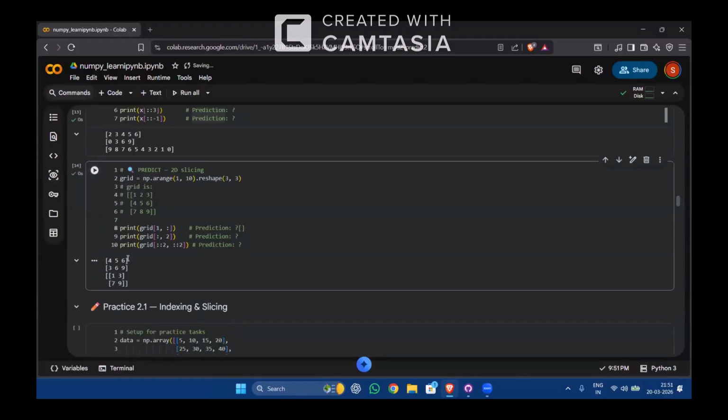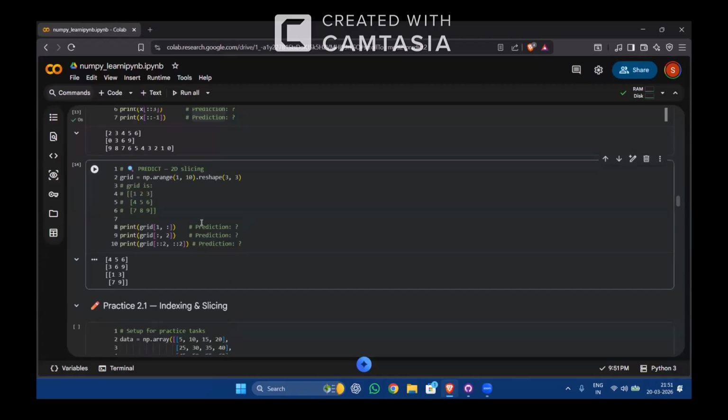1 comma colon. 1 is the second row. Colon means you have to take all the elements. So 4, 5, 6. Colon comma 2, you have to take all the rows, but elements in the second column. What is that? 3, 6, 9.